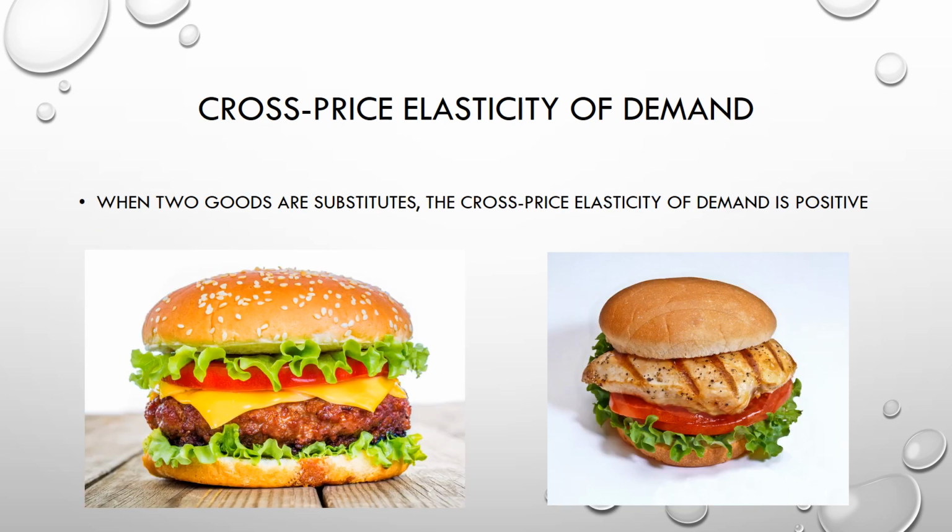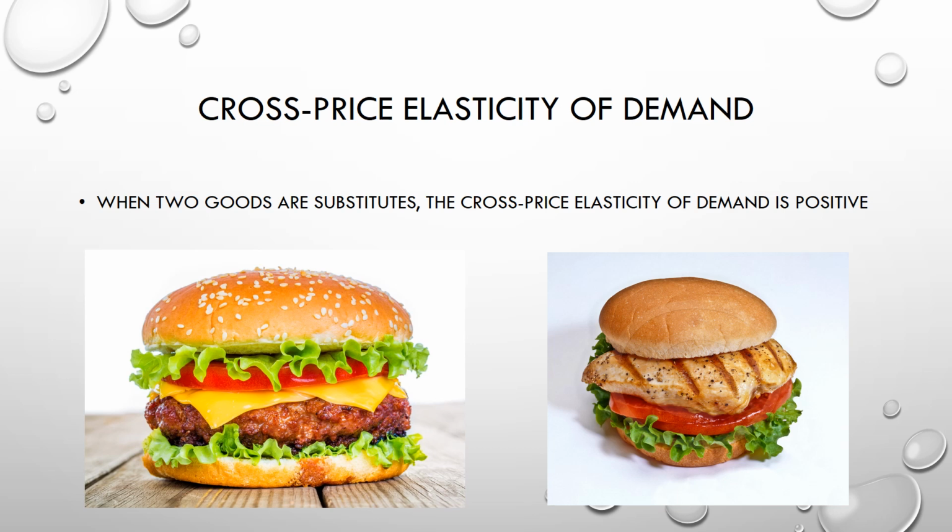All right, so let's go through each of these possibilities. One possibility is that the two goods are substitutes, in this case, hamburger and grilled chicken sandwich. If the two goods are substitutes, then when we do that formula, with the percent change in the quantity demanded of one over the percent change in the price of the other, we're going to come out with a positive answer. If the price of hamburger went up 10%, what's going to happen?